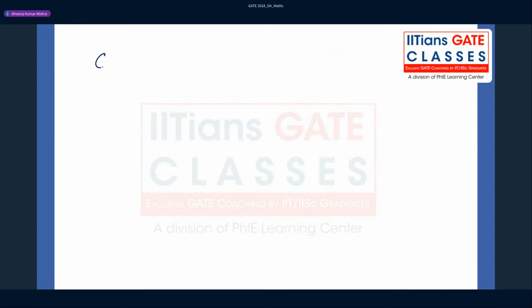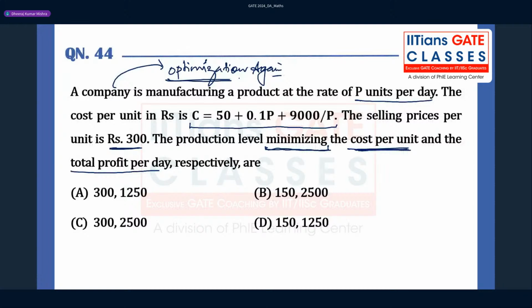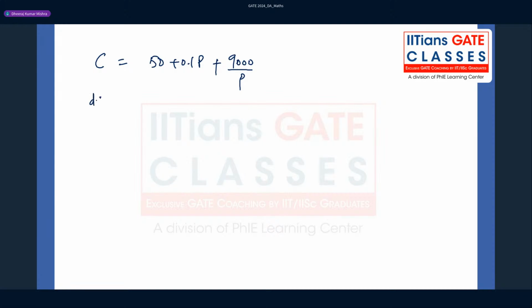Let me consider C here. So C is given as 50 plus 0.1 P plus 9,000 upon P, right? This was the cost they have given. Since you have to minimize the cost per unit, you differentiate this, dc by dp, because this cost is a function of p.